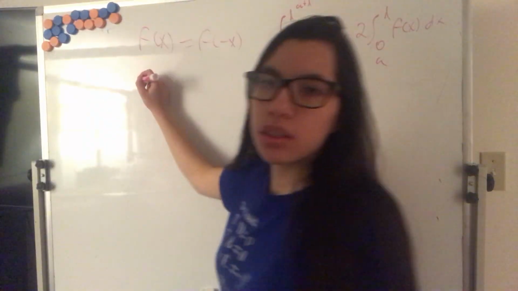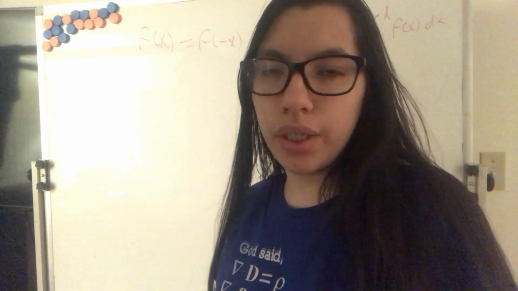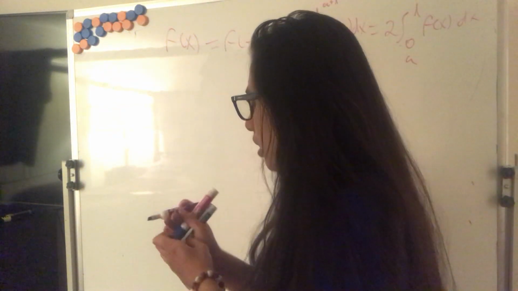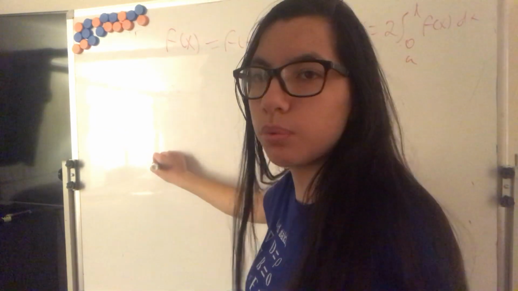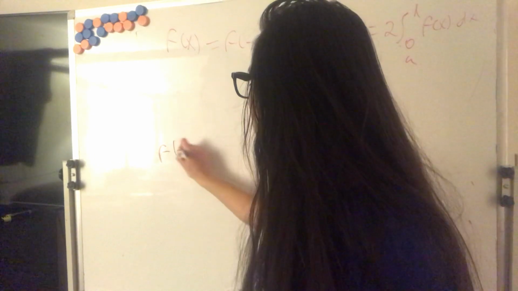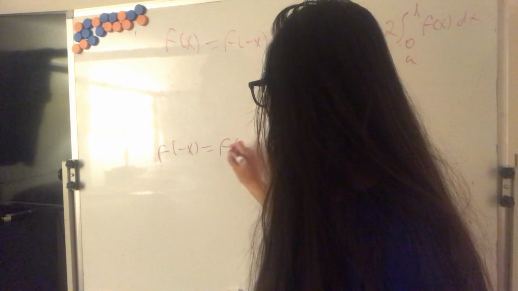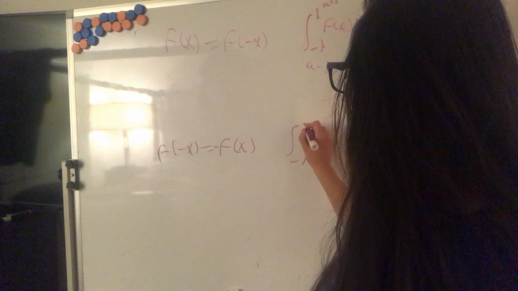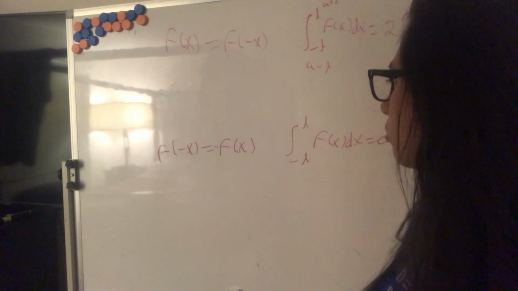The next issue was for an odd function. For an odd function, we have that f(-x) is equal to -f(x), and also now the definite integral from -L to L of f(x) dx is 0.